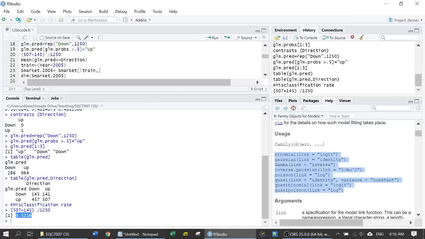Based on this model, we are only able to make a prediction which is accurate 52% of the time, which is not very good. This is just above random guessing.